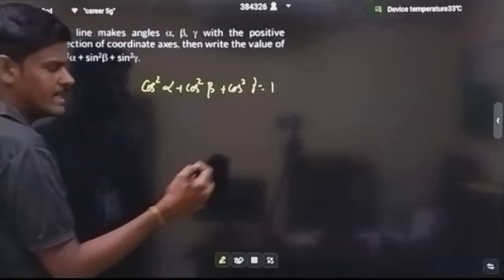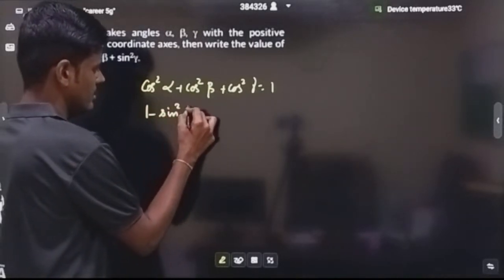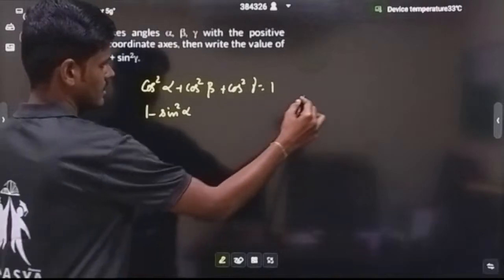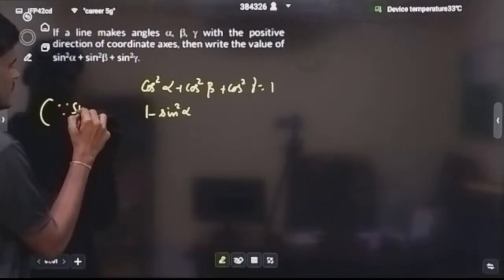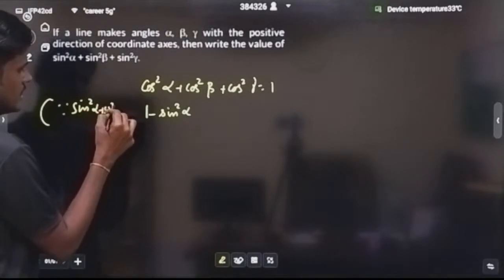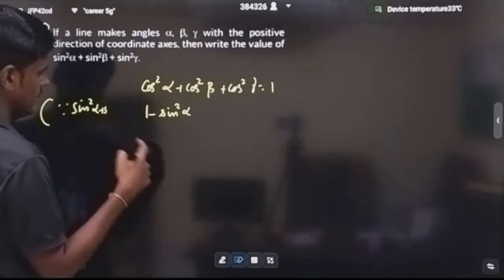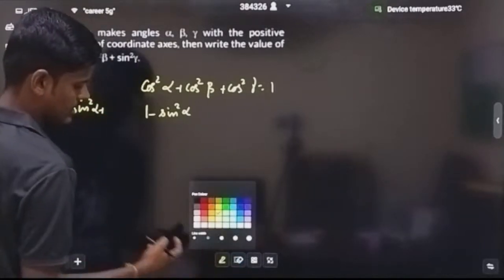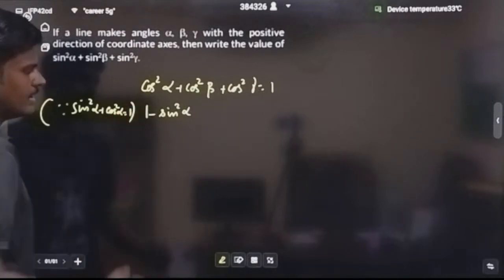What is cos square alpha? That is 1 minus sin square alpha, since sin square alpha plus cos square alpha equal to 1.